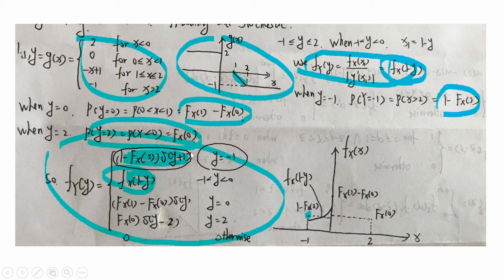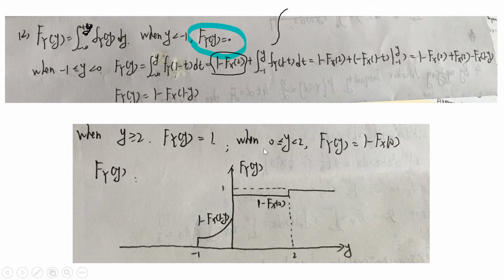Then we integrate the second part, this part, from -1 to y, like this. After the integration, we can find that FY(y) equals 1 minus FX(1 minus y), like this. So the probability distribution function of this circumstance should be like this.